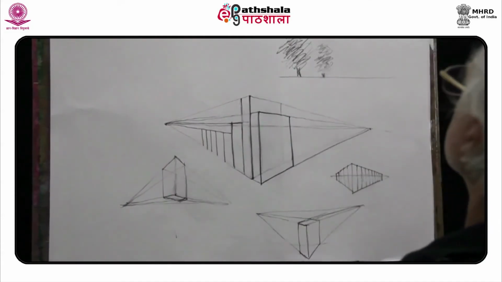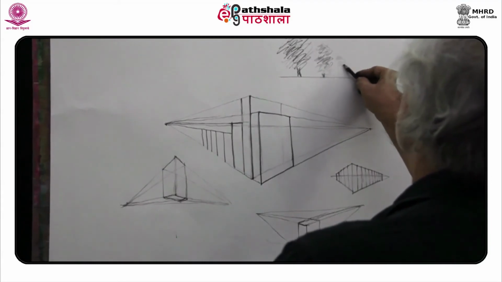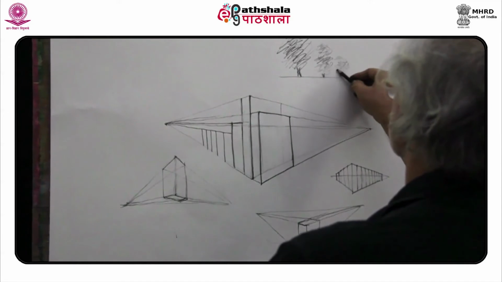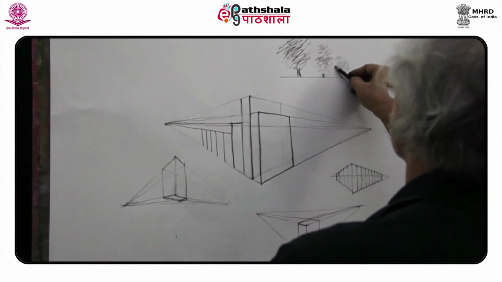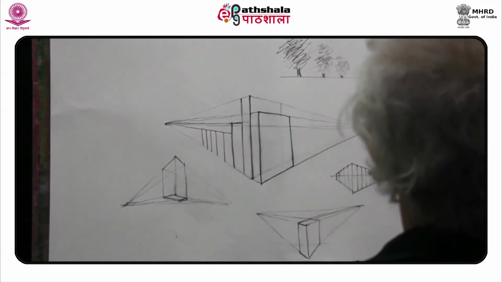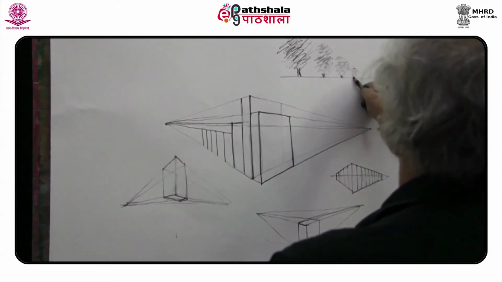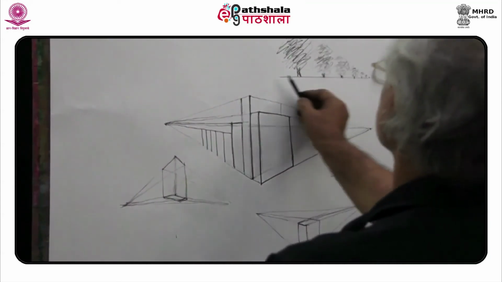Join the top to the point. Gradually, one can keep on increasing the number of trees in the confined triangular frame, where the trees will slowly diminish in size as they reach closer to the vanishing point.